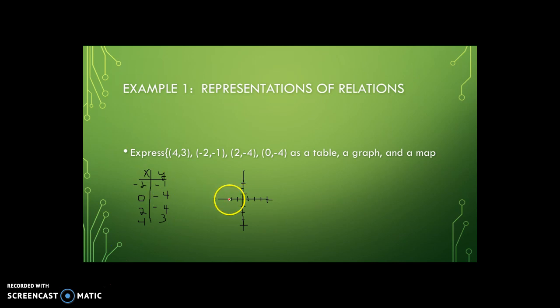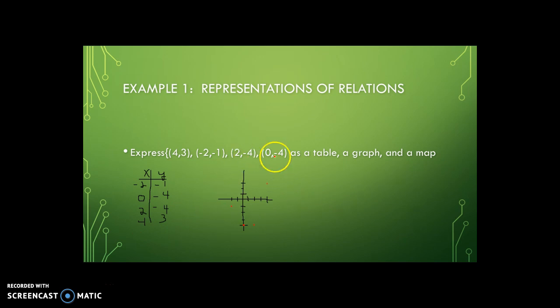So -2, -1 is right there. 0, -4 is right there. 2, -4 is right there. And 4, 3 is right there.